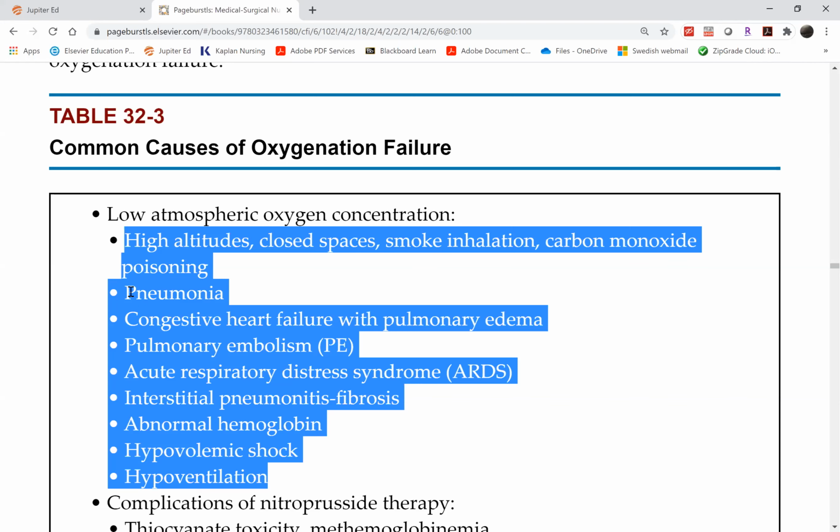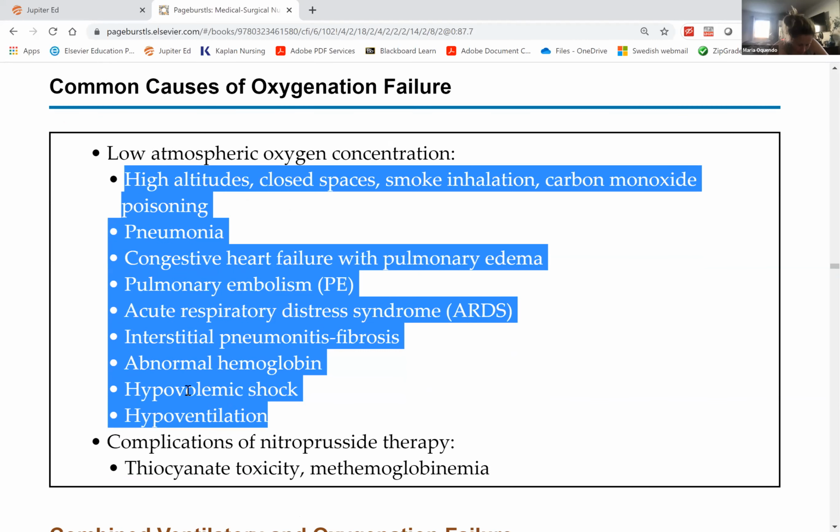No matter how much oxygen we give you, there's fluid in your lungs, so there's no gas exchange possible. Same thing with a PE. We may give you oxygen, but there's no perfusion. There's a mismatch because there's obstruction of one or more pulmonary arteries. Then a shock, although shock is not respiratory, but because there's a problem with the oxygen delivery, the transport is the problem.